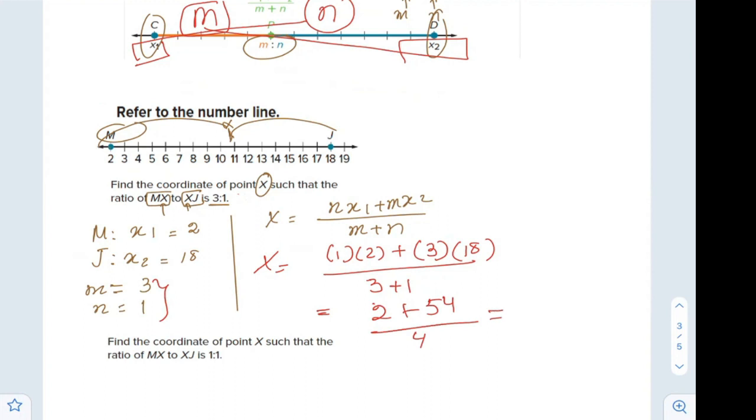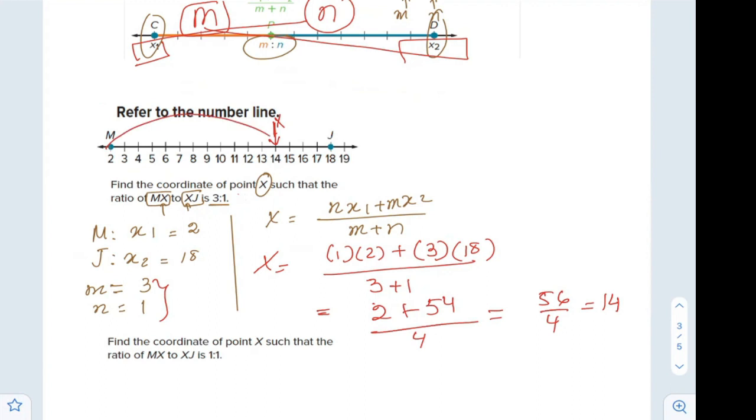Now add, which is 56, over 4, which is 14. Means x, and if you are asked to locate the x, this is the location of x. The ratio is 3 to 1.